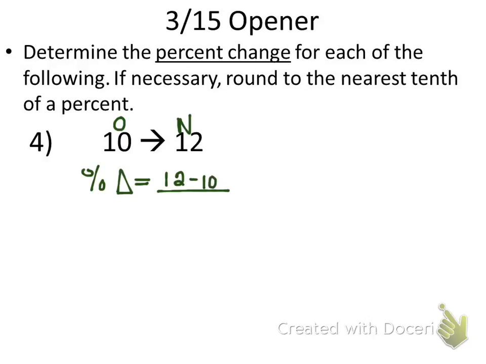Okay, and underneath goes 10. Okay. And then times 100. What's that stand for? Times. Okay, so 12 minus 10 divided by 10 times 100. What do you end up with? Plus 20. Okay, so try it again.